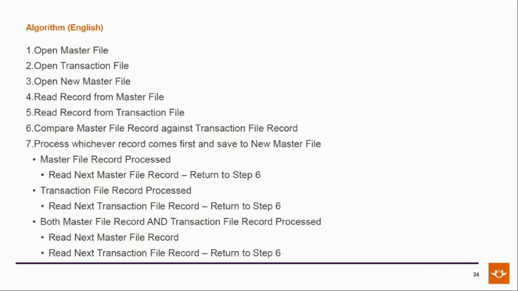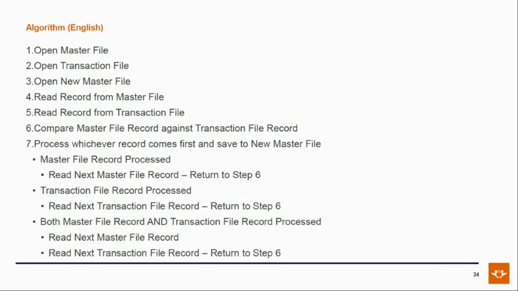So master file record processed, read next master file record, return to step 6. Transactional file record processed, read next transactional file record, return to step 6. Both master file record and transactional file record processed, read next master file record, read next transactional file record, return to step 6.